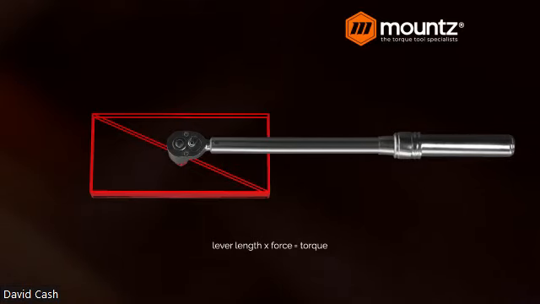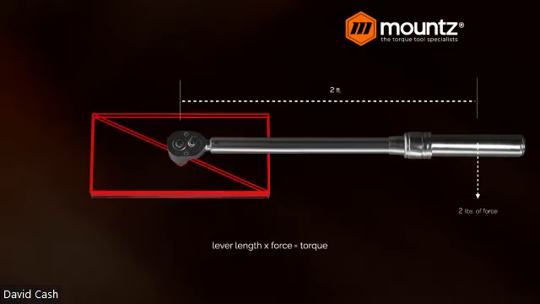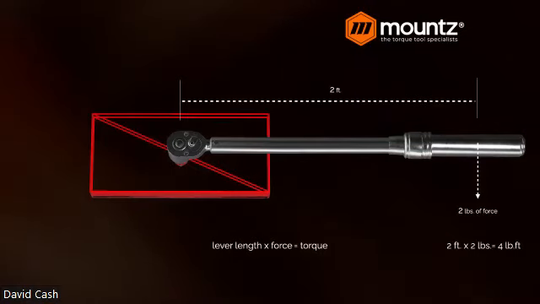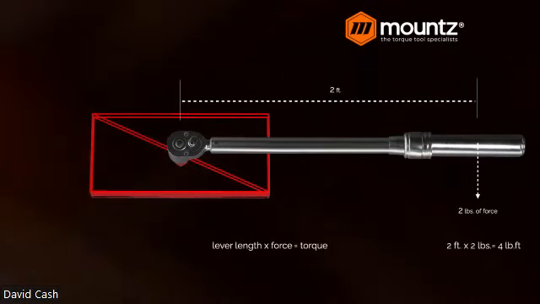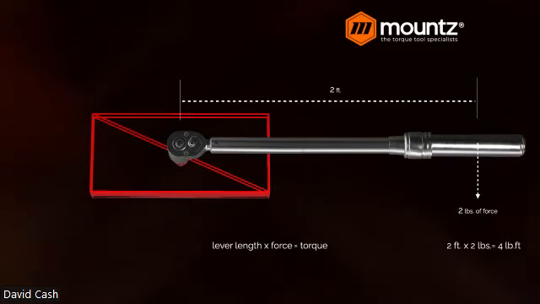Now, if we extend the length of our wrench to 2 feet and we pull with that same 2 pounds of force, we are now applying 4 foot-pounds of torque. So the formula for this is our lever length times our force gives us our torque value.